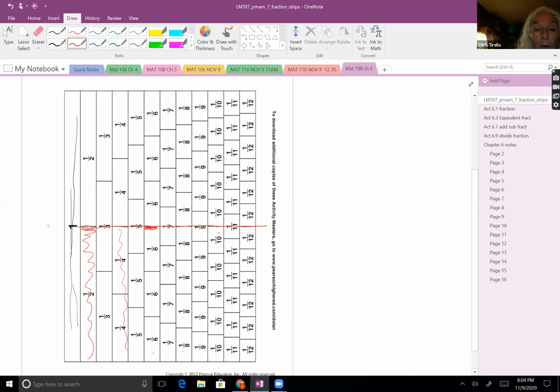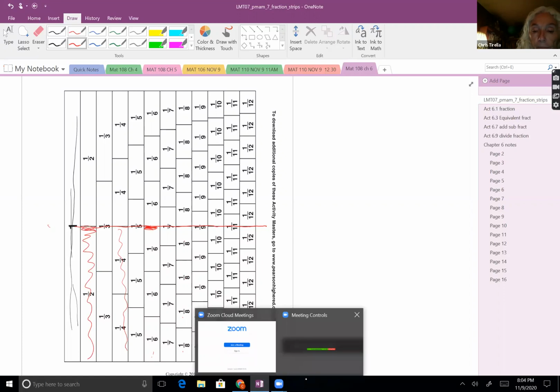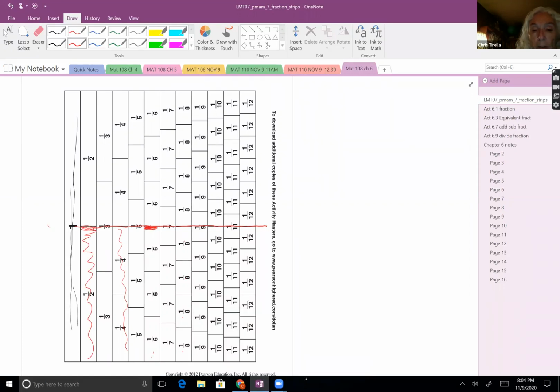Wouldn't it be equivalent to the length of 1, 2, 3, 4, 5/12? I'm sorry, 5/10. I apologize. And also equivalent to the length of 6/12. And so can everybody see by the way those strips line up that 1/2 is the same as 2/4, 3/6, 4/8, 5/10, or 6/12?